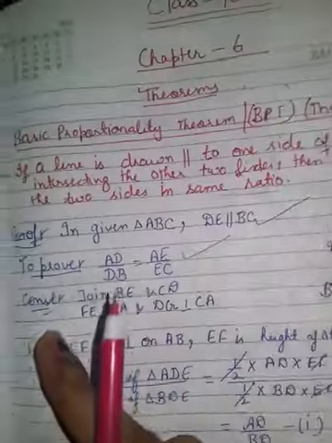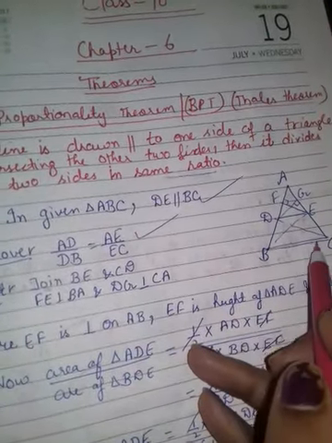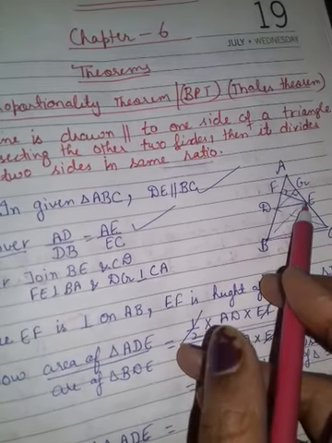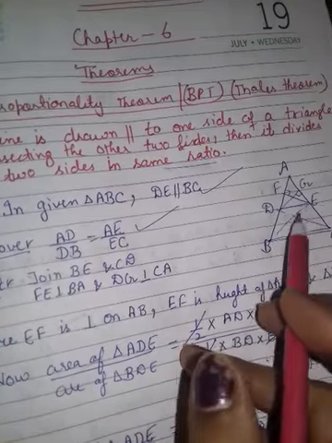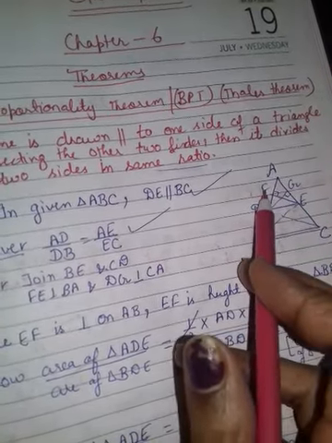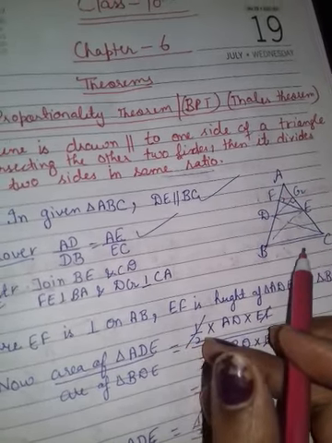Now what are we doing? Construction: we will join BE and CD. Secondly, we draw perpendicular EF on AB and DG on AC.